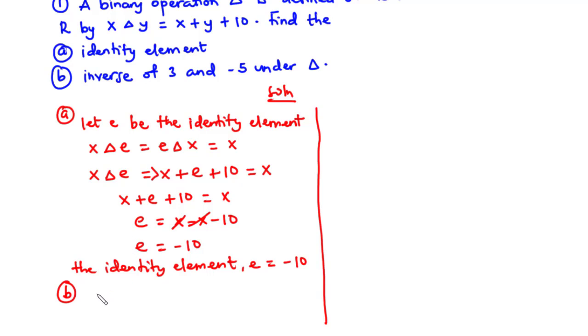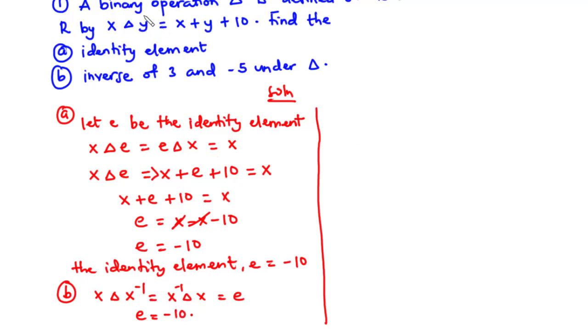So we say that x operation x inverse is equal to x inverse operation x, and that is equal to the identity element. So when you combine x with its inverse, we get the identity element. We found the identity element to be negative 10, so that is going to help us find the expression for the inverse.